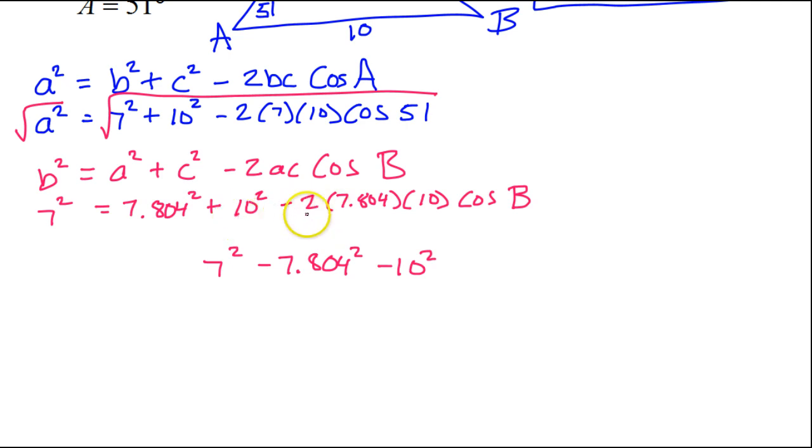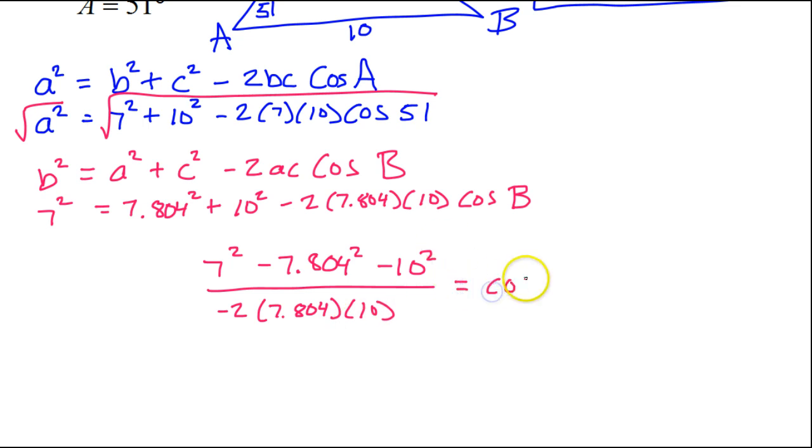Then I would need to divide by this part of the expression to get cosine B by itself, so I'm going to divide by negative 2 times 7.804 times 10. All of that equals cosine of angle B. But of course, I really want angle B by itself, so I need to take the inverse cosine of this, and that should give me the measure of angle B.